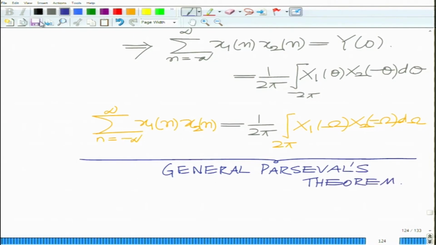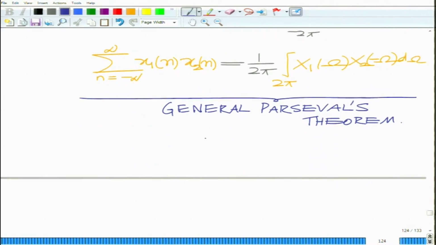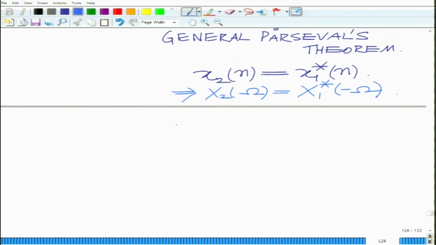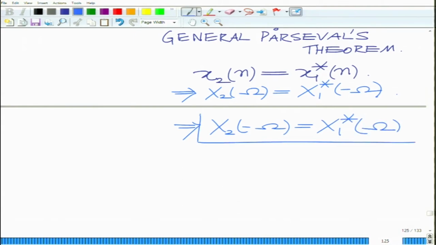Now, if you set x2[n] equals x1 conjugate [n], then X2(ω) equals X1 conjugate of minus ω, which means X2(−ω) equals X1 conjugate of ω.